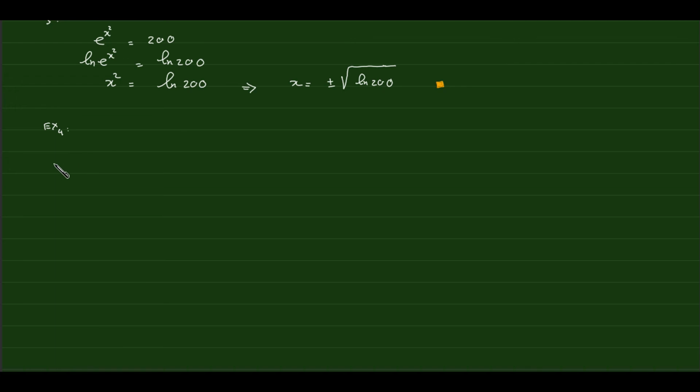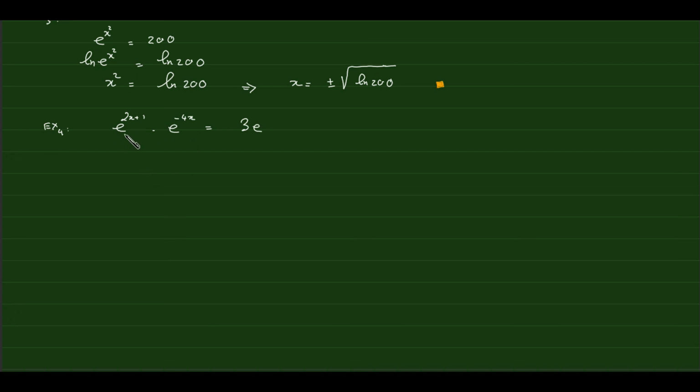However, each problem we approach is different, so it depends on each problem. For example, in this one, you see that I have e raised to 2x plus 1 times e to the negative 4x, and this is equal to 3e.